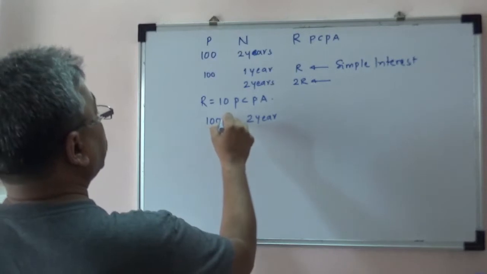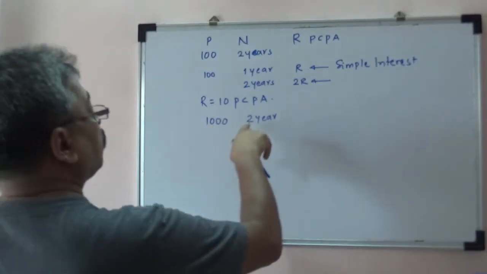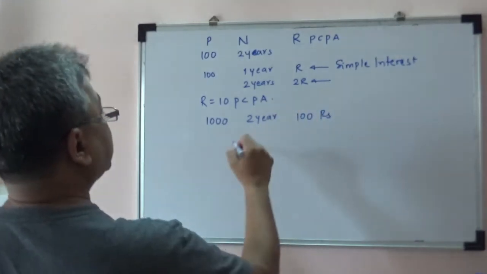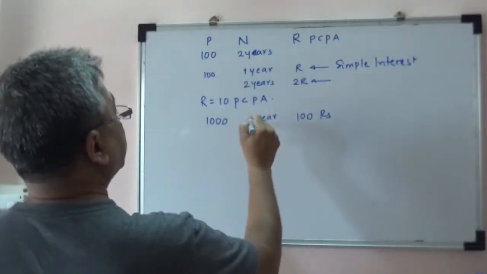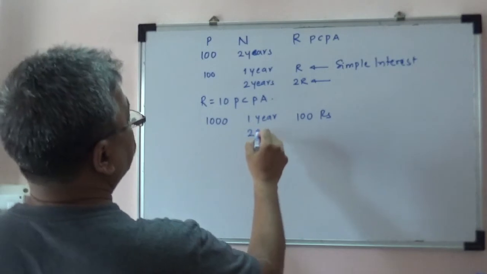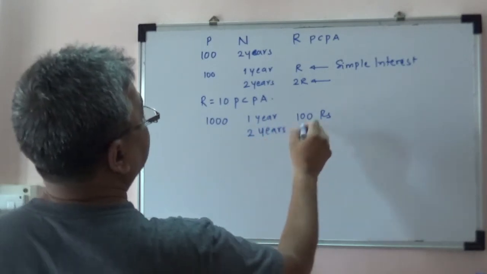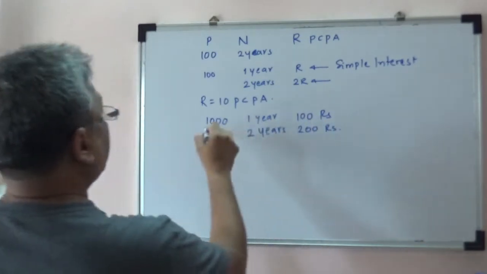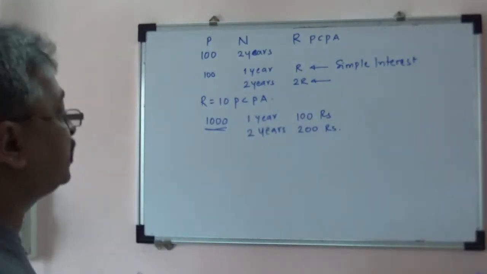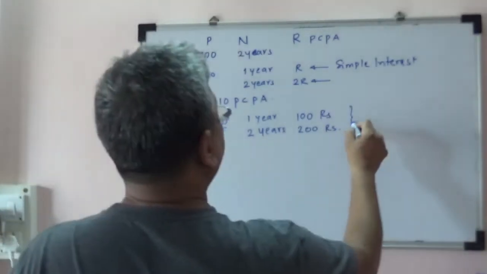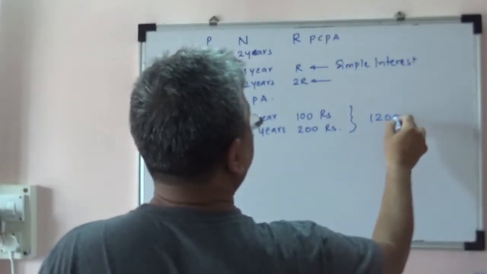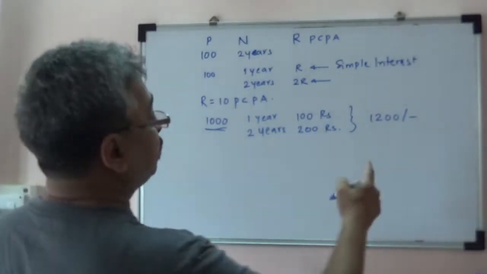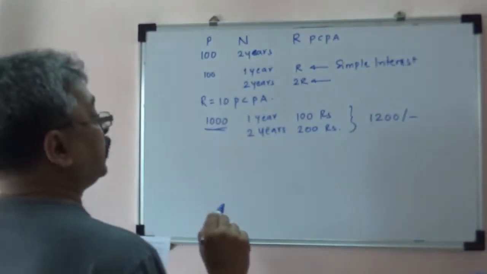Let us take principal 1000. So for 1 year, I will get 100 rupees as simple interest, and for 2 years, I will get simple interest 200 rupees. Therefore, if I am putting 1000 rupees as my principal, after 2 years I will get 1200 rupees. So principal plus simple interest will be 1200.